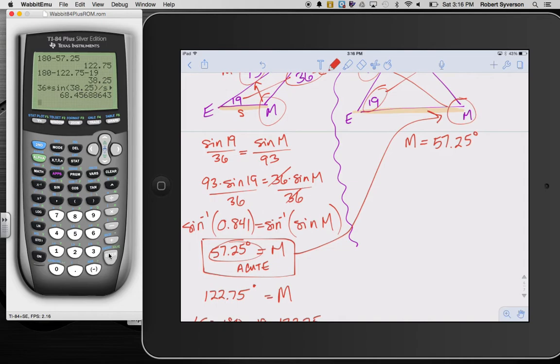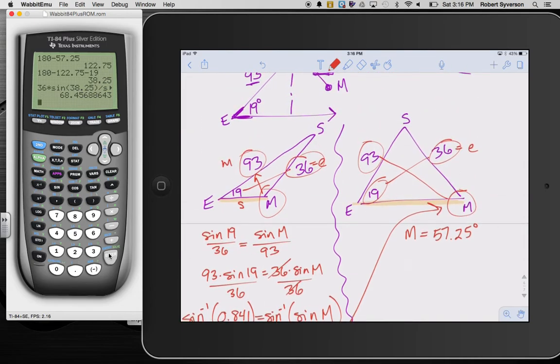Okay. So what we need to do now is solve for the situation where Mercury is actually further away from Earth. Yeah, the one on the right, where Mercury is even further away.